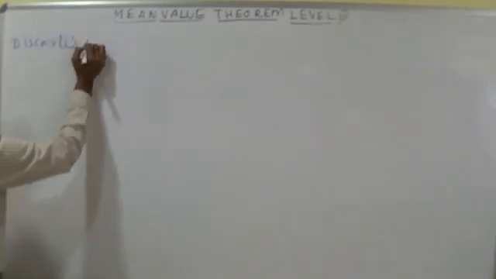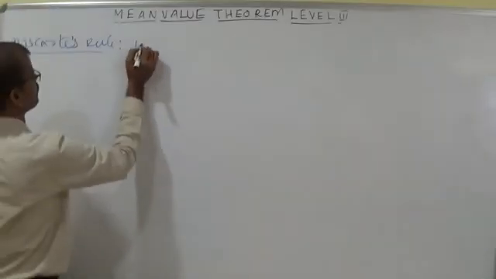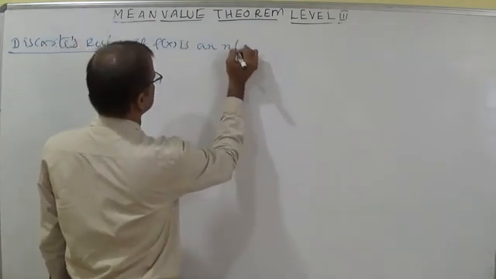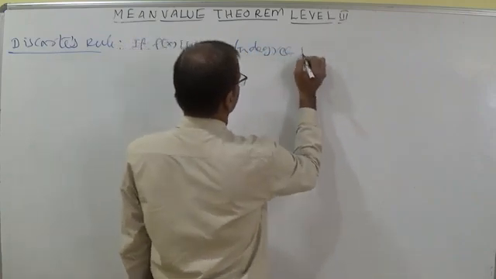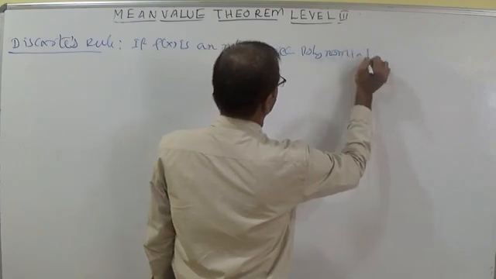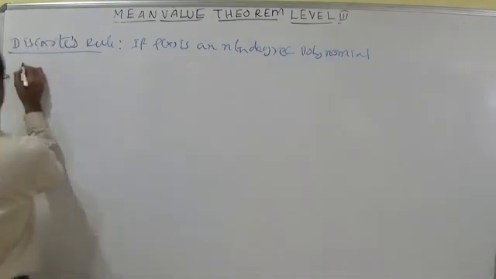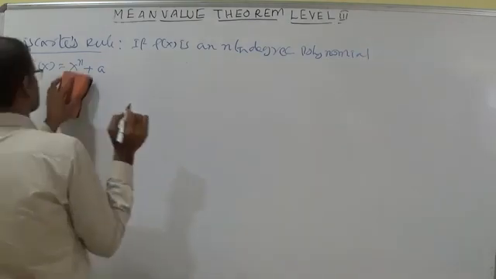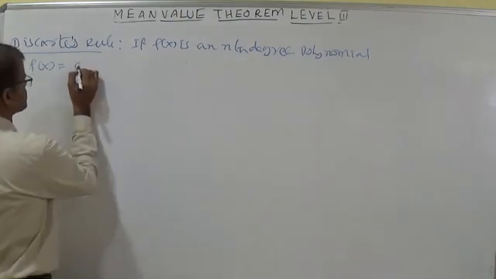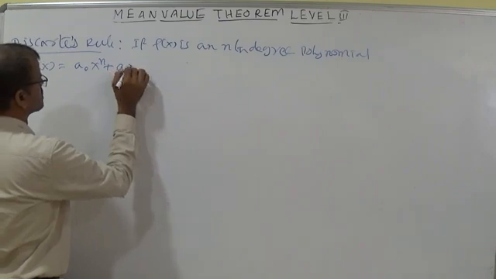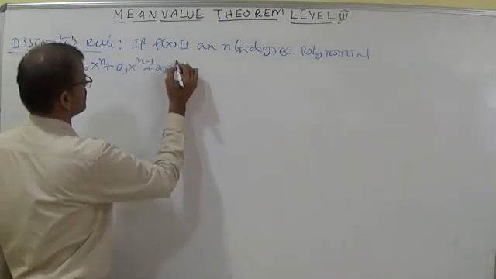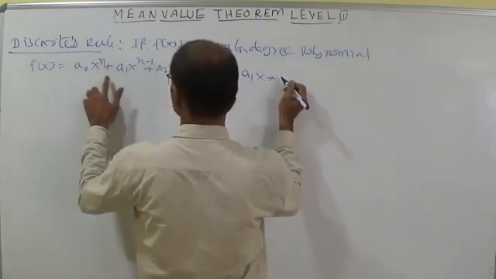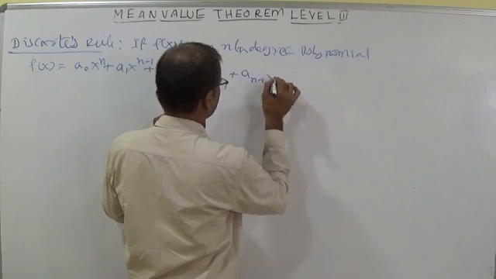If f of x is an nth degree polynomial, let us take f of x equal to a naught x power n plus a1 x power n minus 1 plus a2 x power n minus 2, and so on, plus an minus 1 into x plus an.